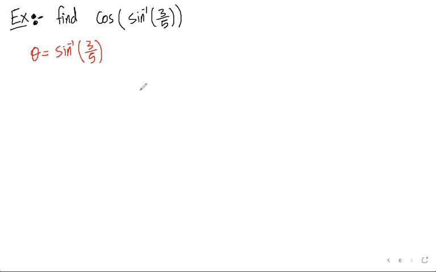Okay. So now I have to find the value for theta. So I have to take the sine for both sides. So sine of theta equals, taking the sine for this side, gives me 3/5.